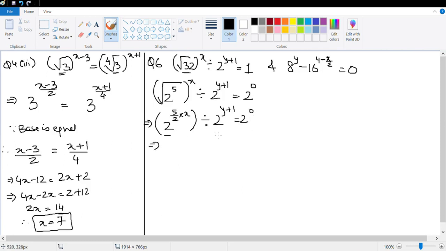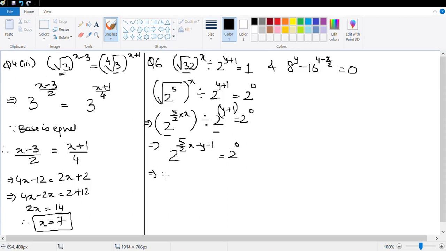Now since the base is the same, I can subtract the powers because there is a division sign. So this is 2 to the power 5 by 2x minus y minus 1. Please notice that I am subtracting both of these, not minus y plus 1. This is equal to 2 to the power 0.